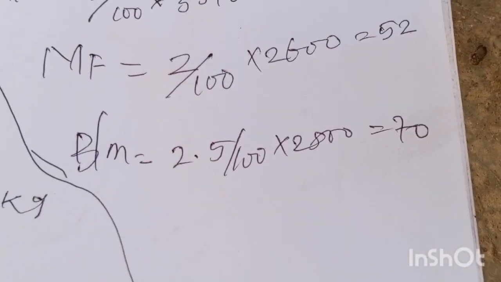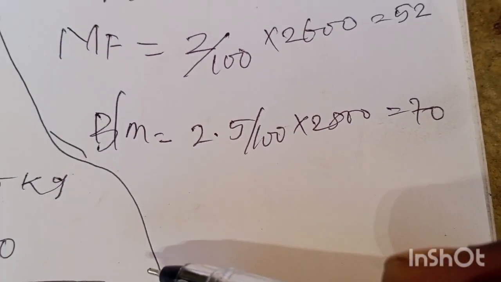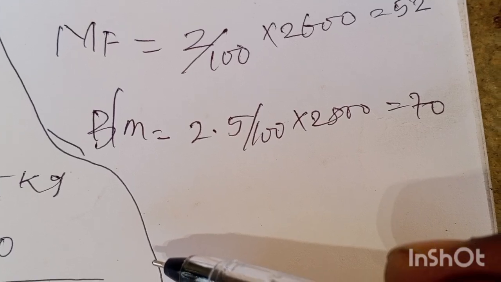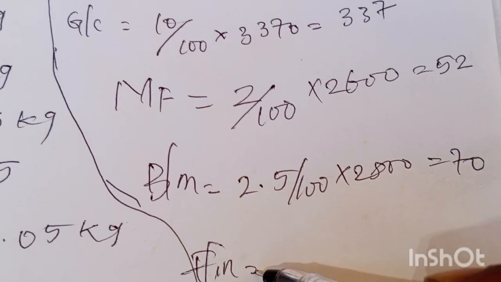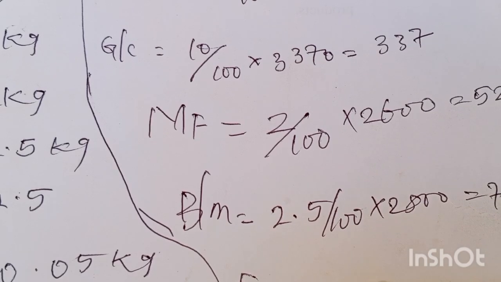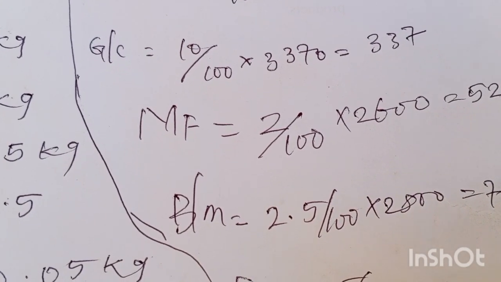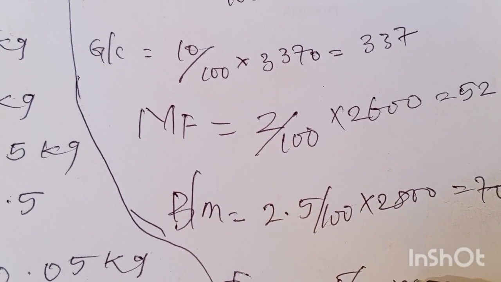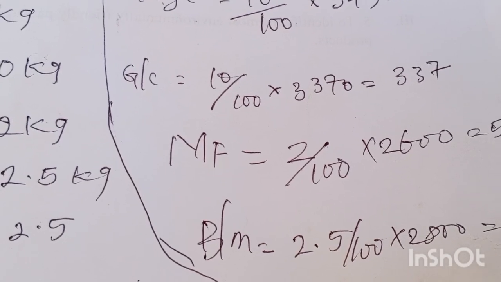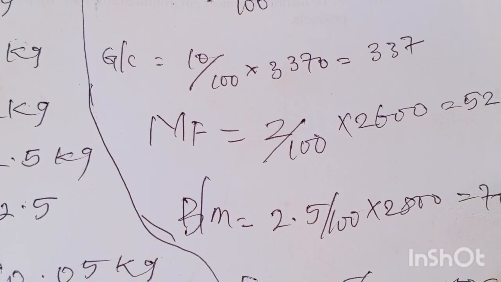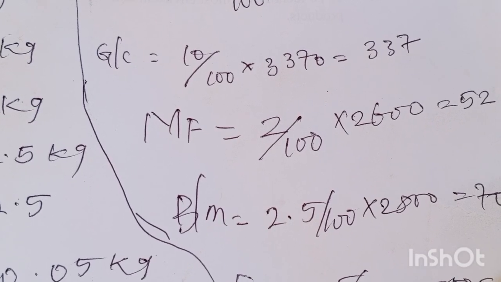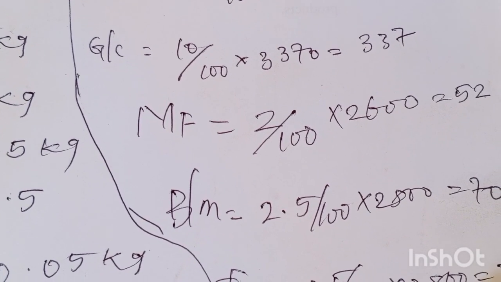Please have your calculator with you and we'll do it together. Then we come back to fish meal. Fish meal is equal to 2.5, the same thing, over 100 times 2,800, equal to 70 also. Okay, I think fish meal here is written 2980. Sorry.